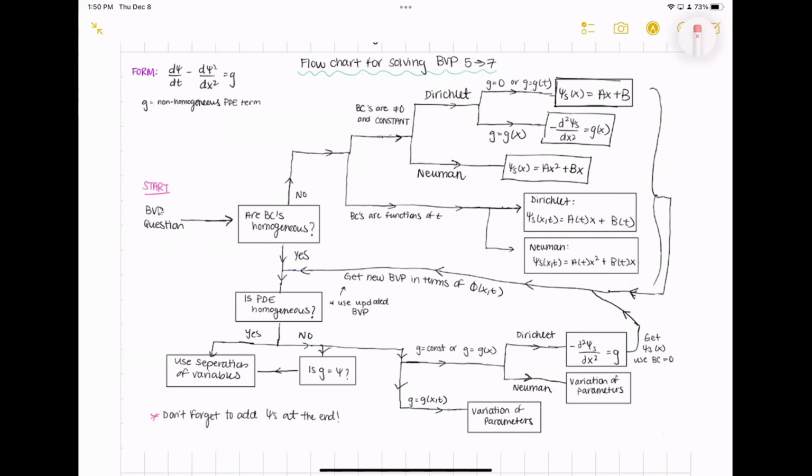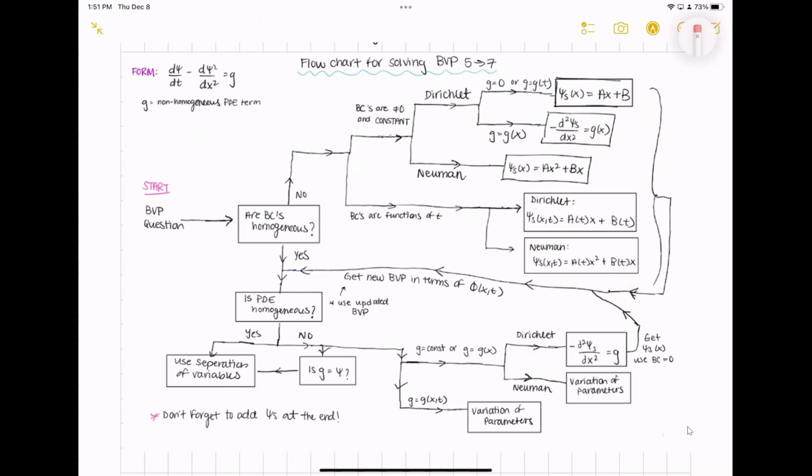Once you start here and follow the tree, it'll tell you how to tackle the different types of problems, whether you have Dirichlet or Neumann, what if you have non-homogeneous or homogeneous PDEs. This is kind of a way of how to solve the different types of problems. So you can take a screenshot of that if you'd like.